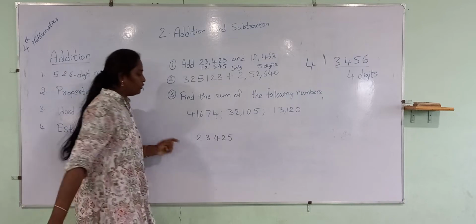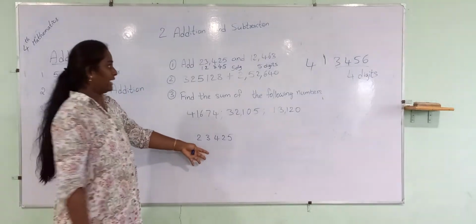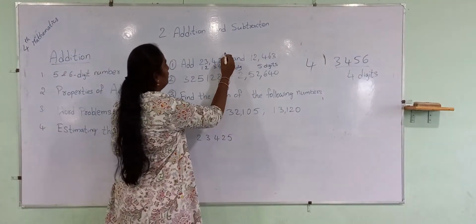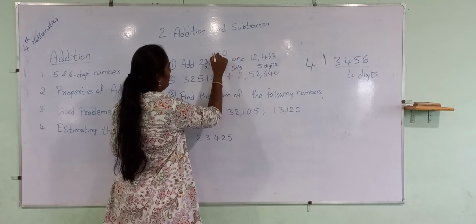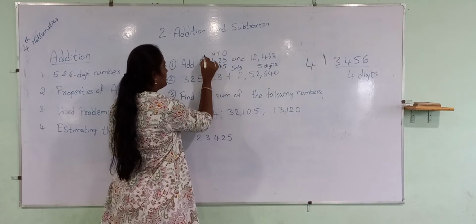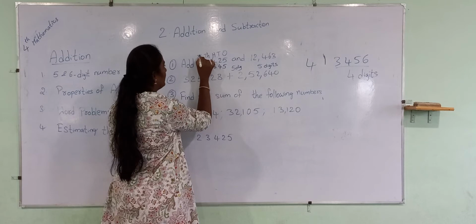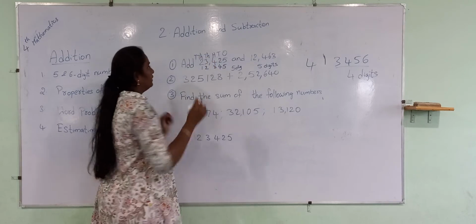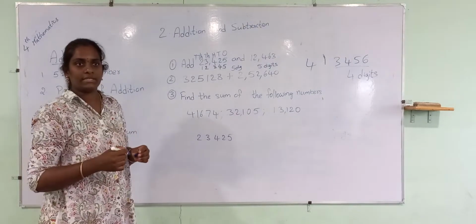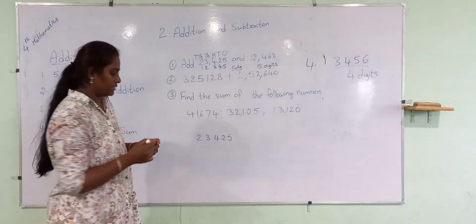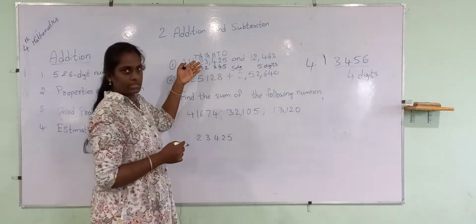23,445. If you don't know how to write numbers for the addition, first write the places. Ones, tens, hundreds and thousands. Here 10,000s also added. In the last class we already discussed up to the lakhs period. So here 10,000 is there.